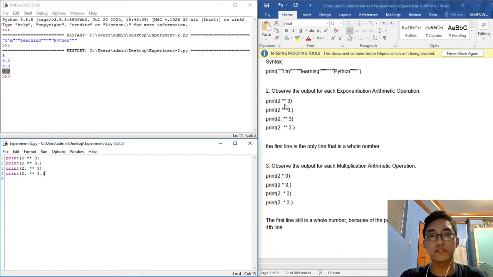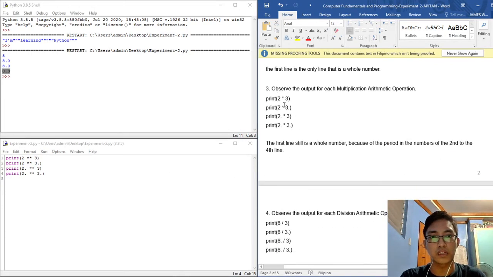And the symbol for the exponentiation arithmetic is this double asterisk, while the single asterisk is the multiplication arithmetic. So let's see what the result will be and the difference between the double and single asterisk.